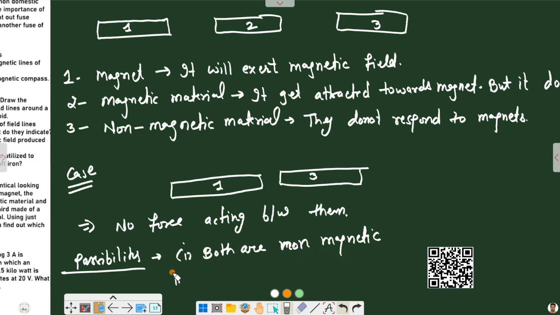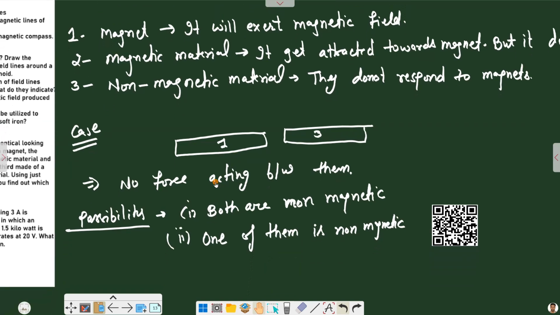Number two, one of them is non-magnetic and one of them is either magnetic material or magnet. Till now we don't know which one is which, but we are sure that one of them is non-magnetic.